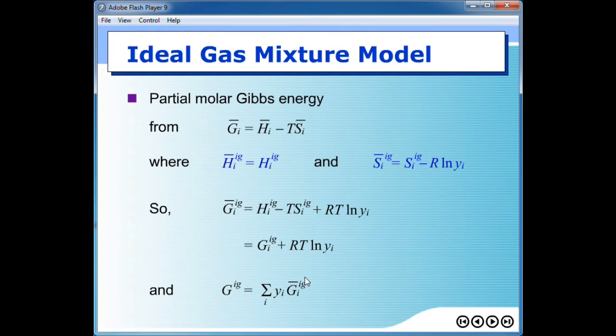Just plug it in there, and what you have would be these two terms combined. Once again, you can calculate properties of the whole mixture based on properties of the pure species that will be used to create that mixture.